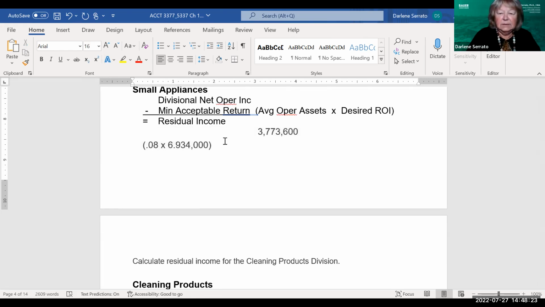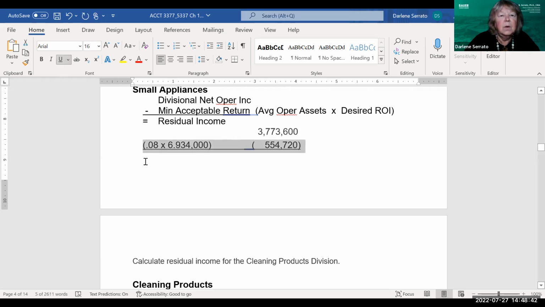That's going to give us 554,720. So residual income is a positive number, and it is 2,218,880. So as long as it's a positive number, they're doing a good job.